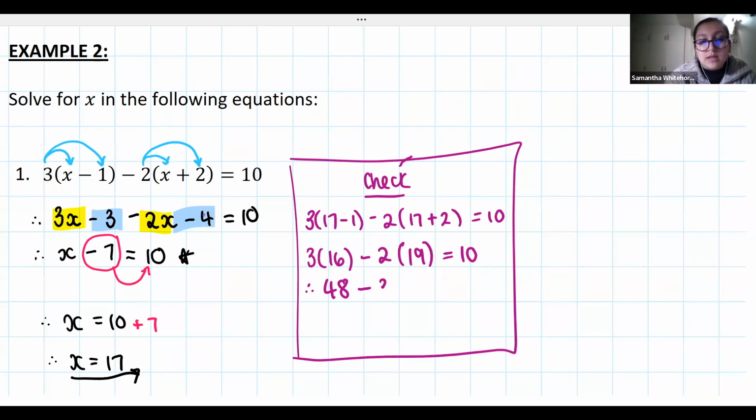Negative 2 times 19 is minus 38. 48 minus 38 is 10. 10 is equal to 10, so x equals 17 is the correct answer.